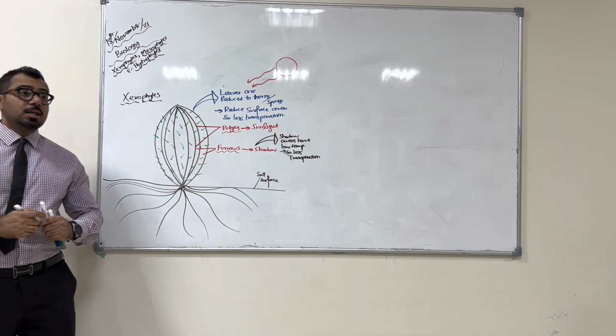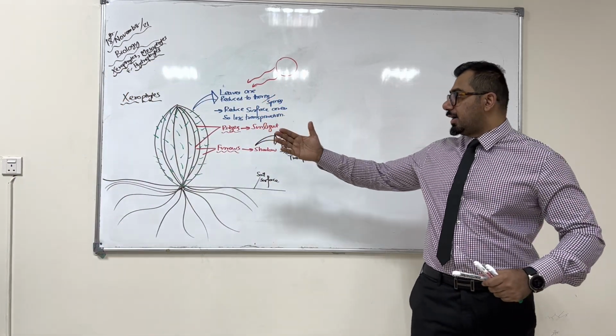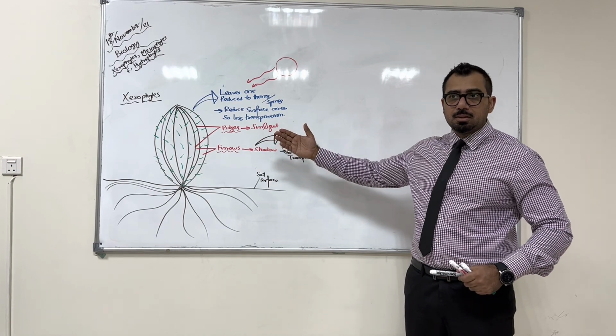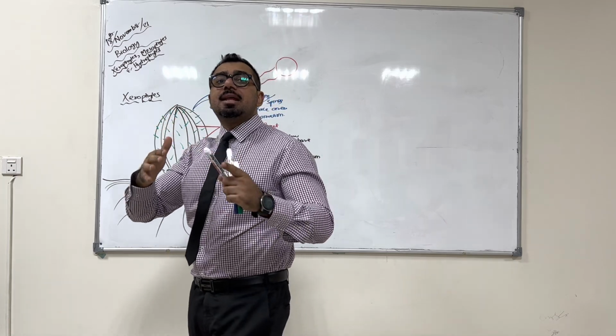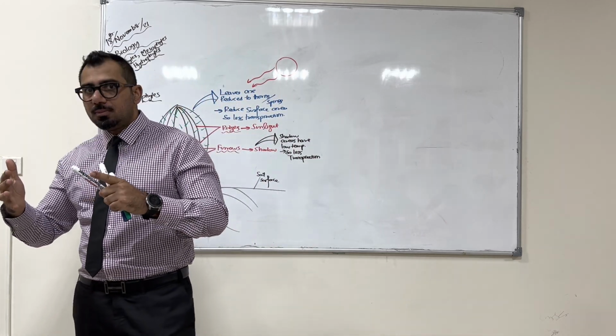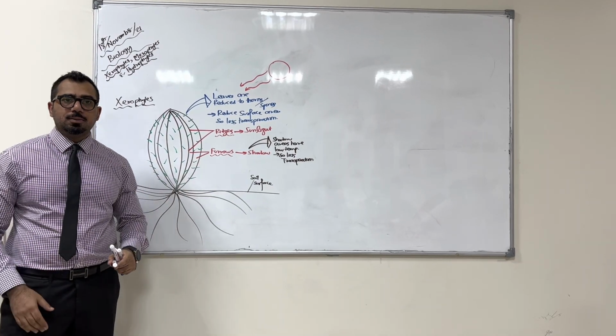Understood? You guys have learned about transpiration, that there are factors that affect its rate, and one of the factors is what? Heat. Right? Or sunlight. When the sunlight falls onto an object, the sunlight changes into heat energy. So the shadow area will have less transpiration.